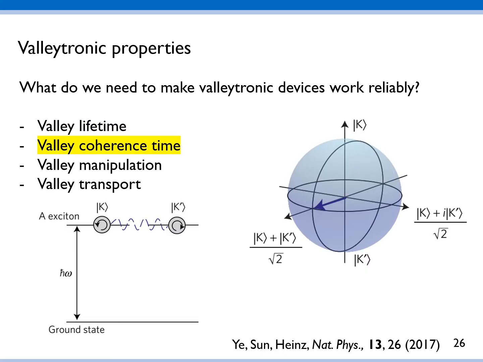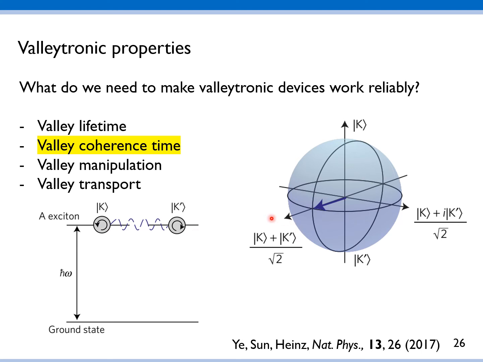The second property is the Valley coherence time. This is a similar story to the lifetime, because we want the information to be preserved. However, the coherence comes from the superposition state between two excitons. So if we, instead of circularly polarized light, shine linearly polarized light on our sample, we will get the superposition state that is depicted here.